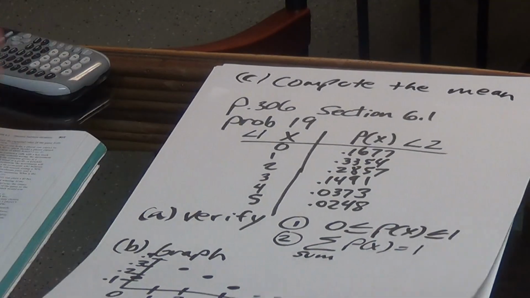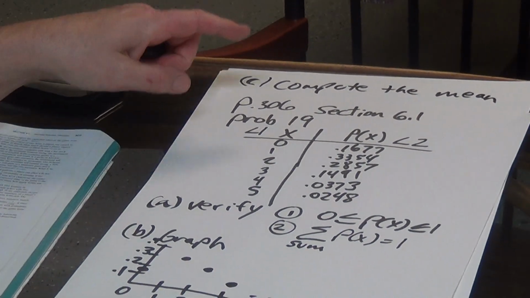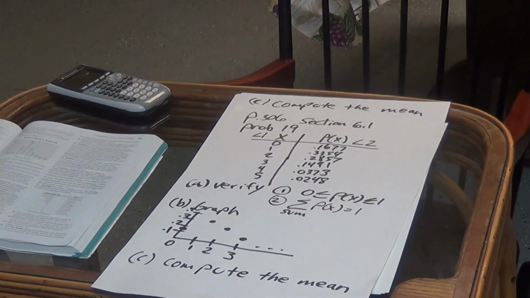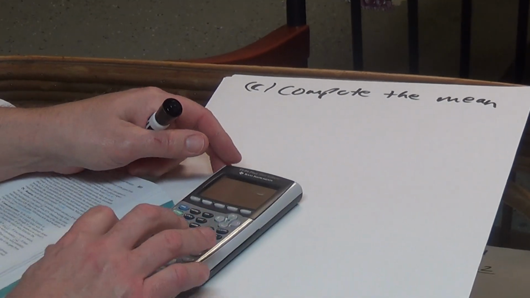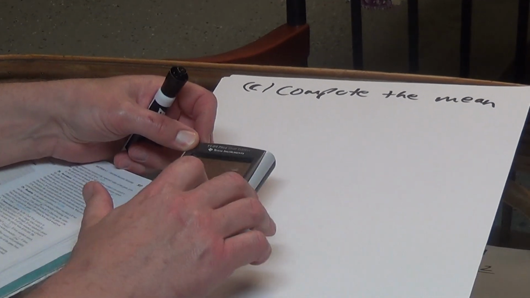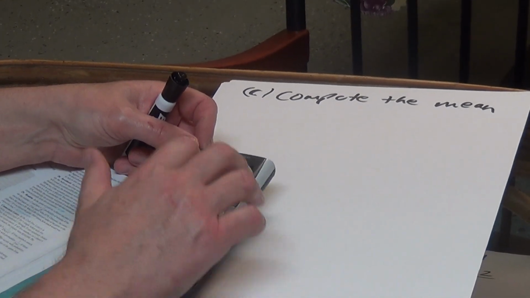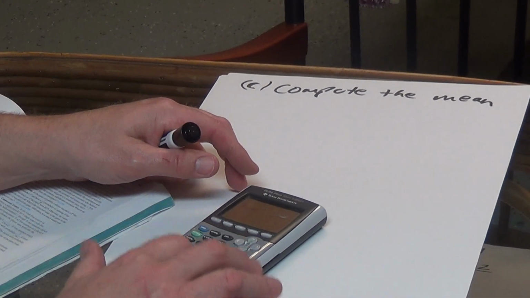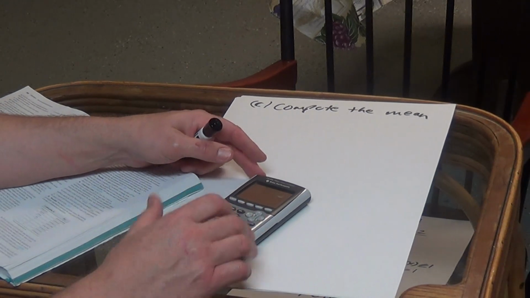What you do is you enter your data just like it's printed in the book, the x values down your L1 column and your P of x values down your L2 column. Take the time to do that. Stat, edit, clear off, clear and down. 0, 1, 2, 3, 4, 5.